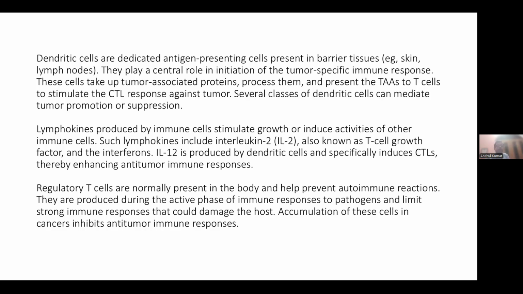Regulatory T cells are normally present in the body and help prevent autoimmune reactions. They are produced during the active phase of immune response to pathogens and limit a strong immune response that could damage the host. Accumulation of these cells in cancer inhibits anti-tumor immune responses. So regulatory T cells help in the inhibition of anti-tumor immune response and the development of tumor cells in the host.